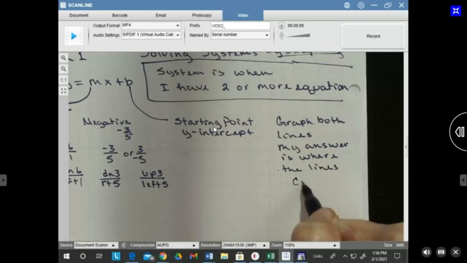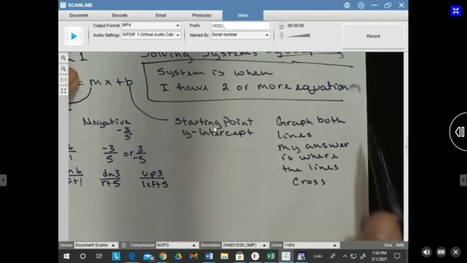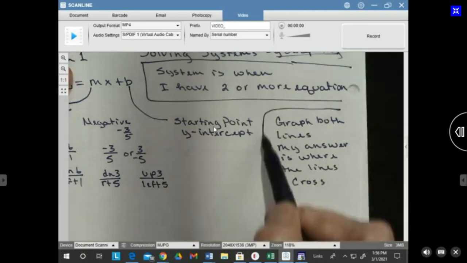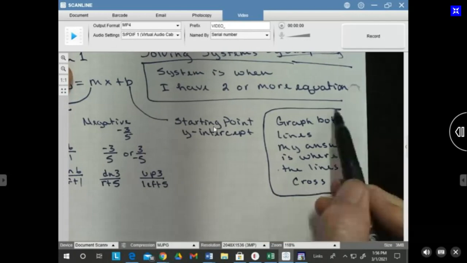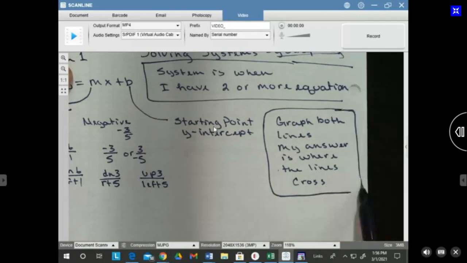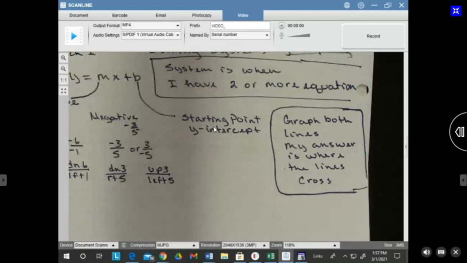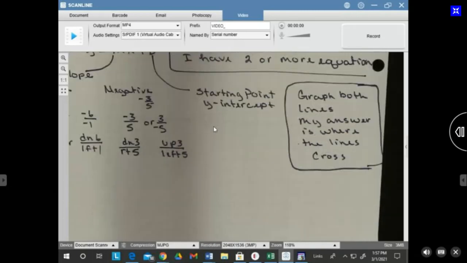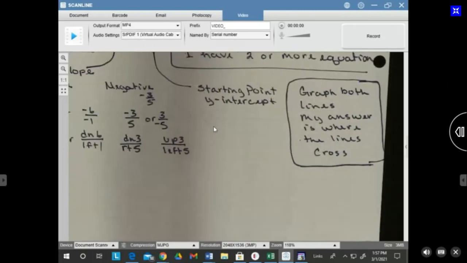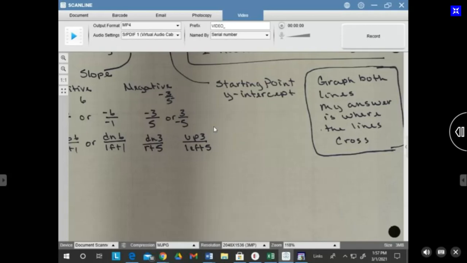Graph both lines. My answer is where do those two lines cross each other? Remember last week we were talking about solutions. A solution is any point on the line, right? So if last week we were talking about solutions being points on that line, both lines, my answer is where the lines cross. So I'm looking for that one point that's going to be on both lines.